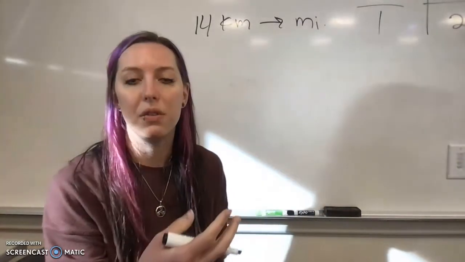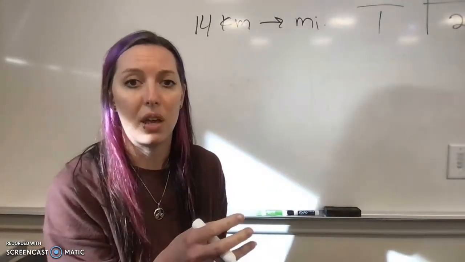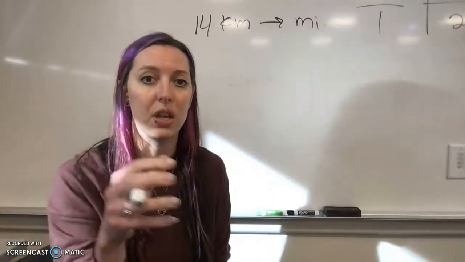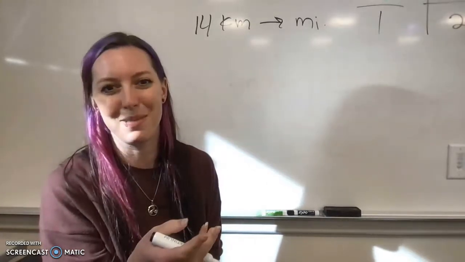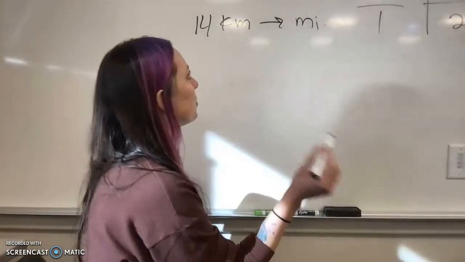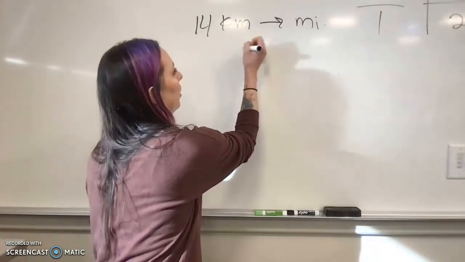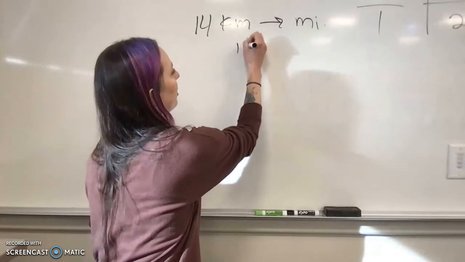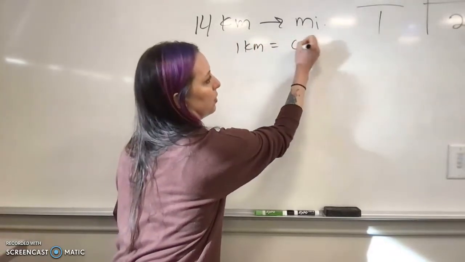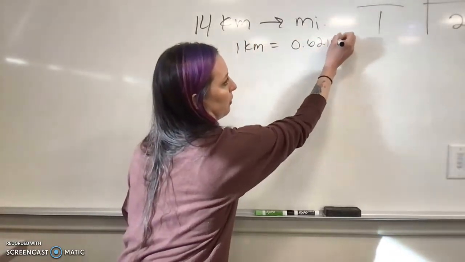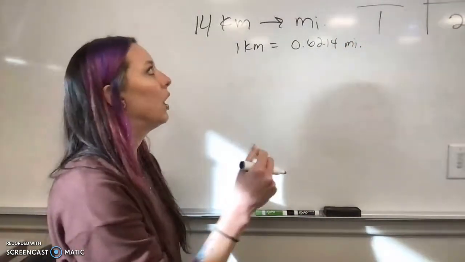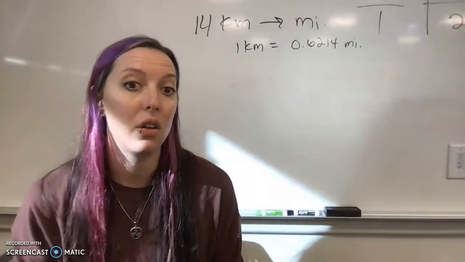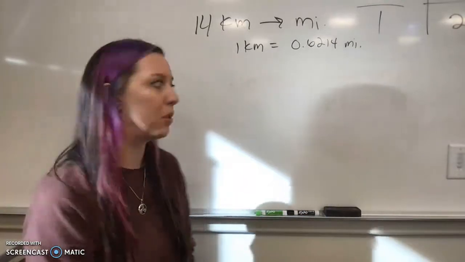And I will always give you a conversion rate unless it's something like kilometers to centimeters, then that is a little bit more intuitive because the metric system is awesome. So 1 kilometer is equal to 0.6214 miles. Okay, so a nice easy way to set all of this up is what I call a t-table.